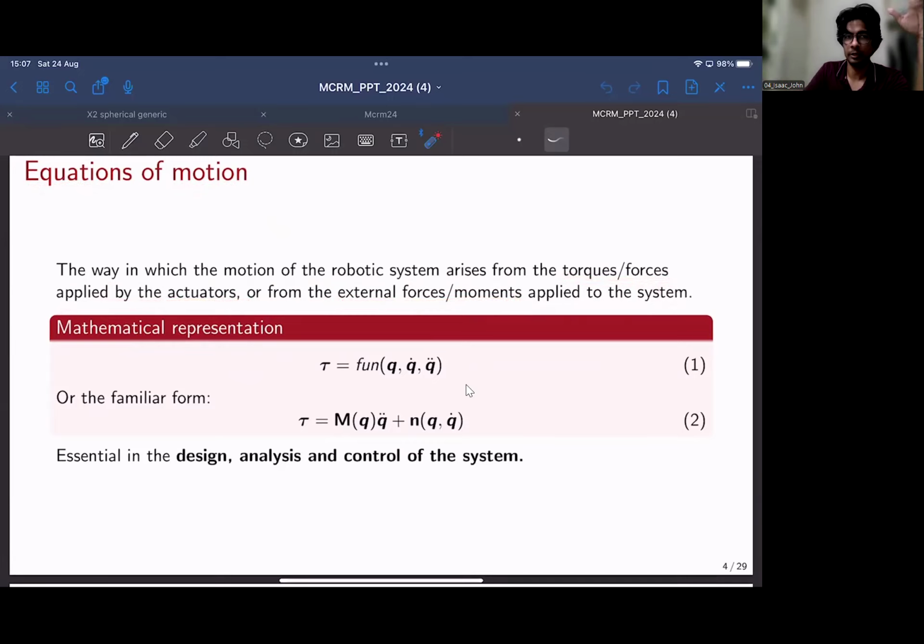As an example, consider a 2-DOF serial robot like this, comprising 2 links connected by 2 revolute joints. It should be familiar that the axes of these revolute joints are parallel, as well as out of plane.